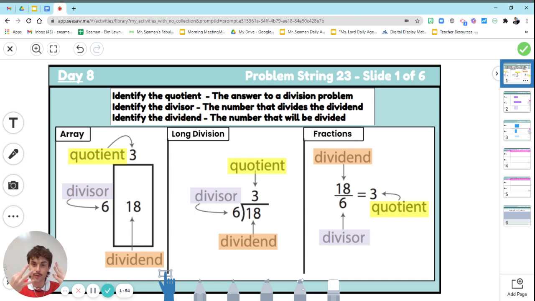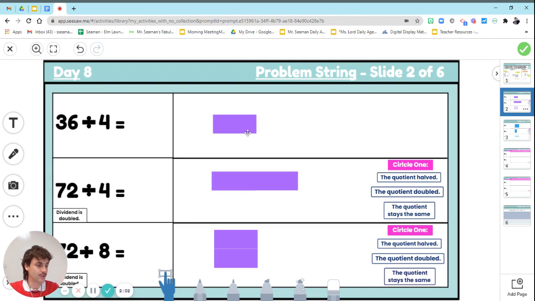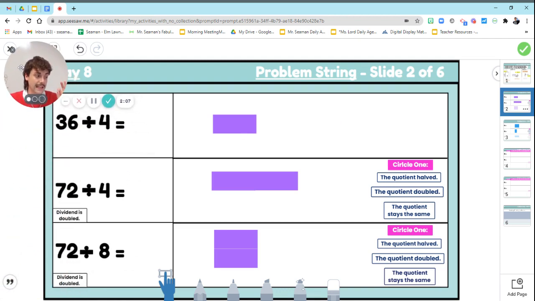We're doing 3 problem sets, so think about these 3 problems together, the relationship between the first problem and the third problem.